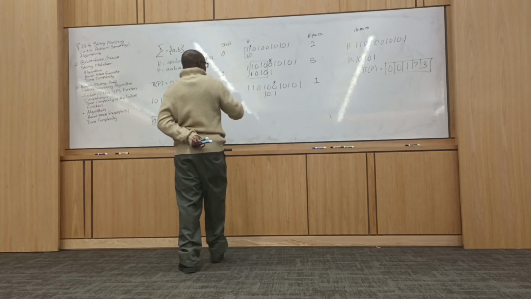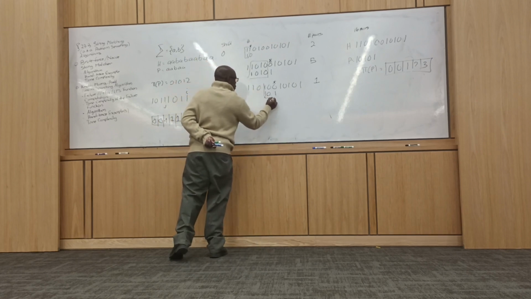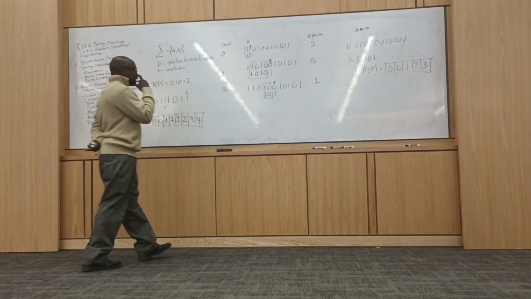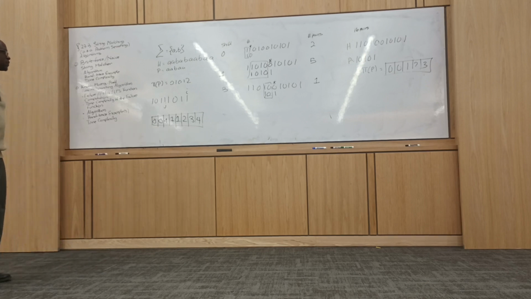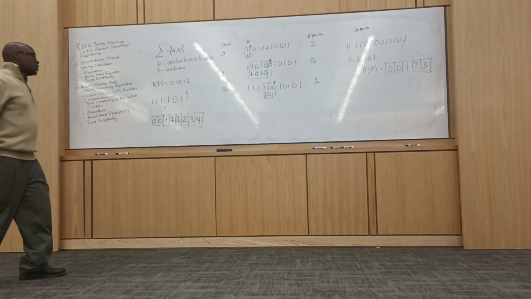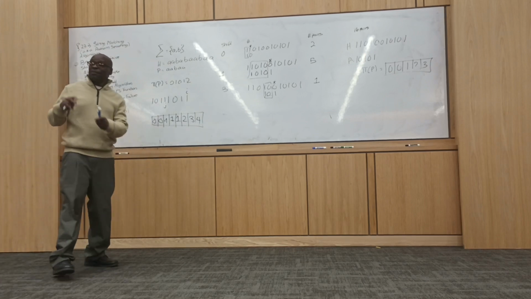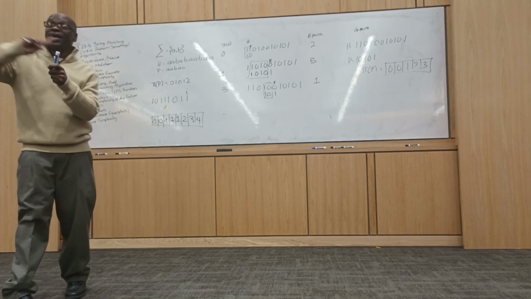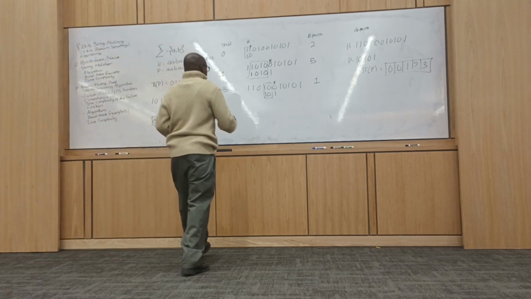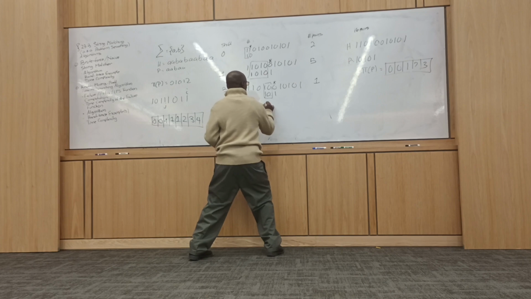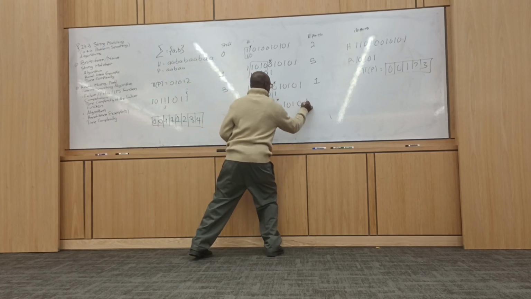Now, since I have a mismatch, what's the longest prefix as a suffix of the substring prior to the mismatch? 0, okay. The 0 tells me that I'm not going to skip any character. That means we have 1, 1, 0, 1, 0, 0, 1, 0, 1, 0, 1.